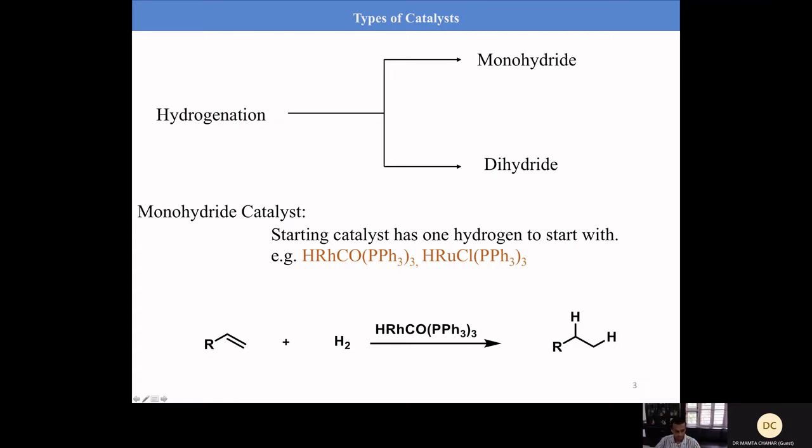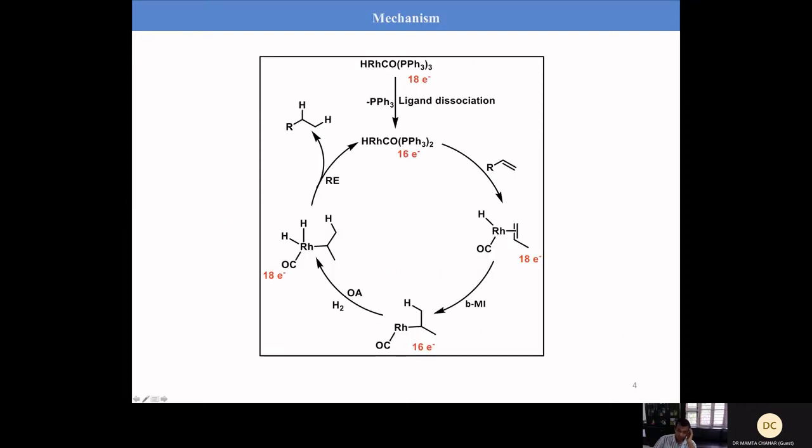For example, if you start with olefin and hydrogen and this monohydride catalyst, we can get this hydrogenated product. Now, let us look at the basic differences between the monohydride catalyst and dihydride catalyst. As I said, monohydride catalyst will have one hydride to start with, right?